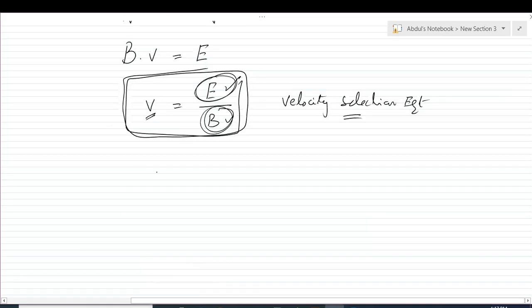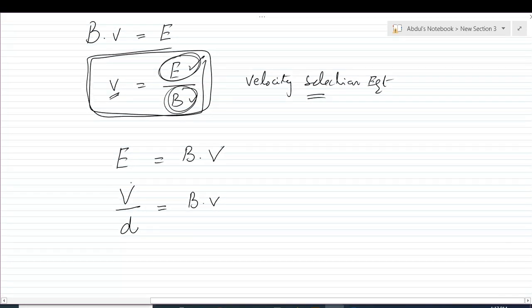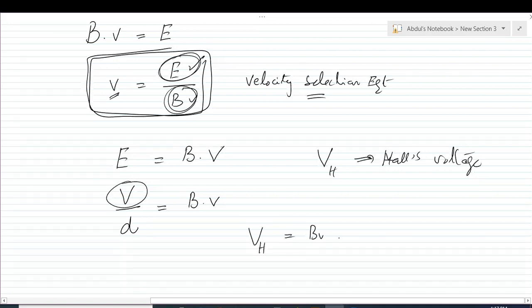Now, E is equal to B times V, and this electric field strength is electric potential divided by distance, equal to B into V, the speed. And this potential V, which is provided to the plates, is called Hall's voltage. So the Hall's voltage VH is BVD.